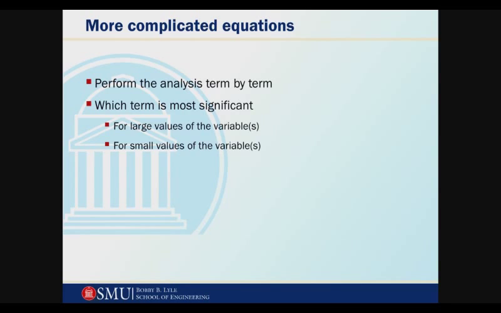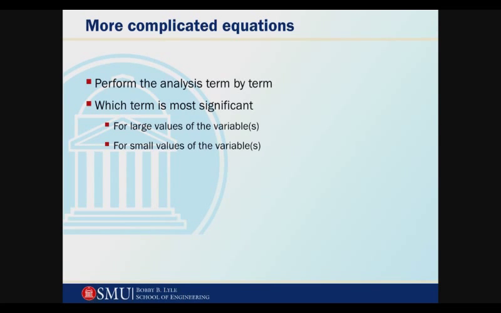Now, all these basics become more useful, more pertinent when you start looking at more complicated equations. So all the things that we've looked at above, looking at units of measure, looking at limiting cases, looking at numerators and denominators, perform those analyses term by term of the equation. Again, be judgmental. Which term is most significant?